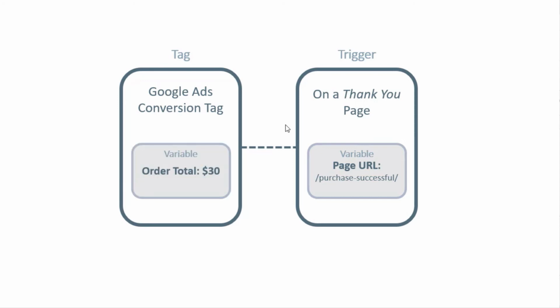And that's where another variable could be used. In this case, we could send the variable, which is order total, and that variable could send the value of $30 to Google Ads. And in this case, we could see not only the number of conversions, but also the amount of revenue that was generated because of Google Ads.